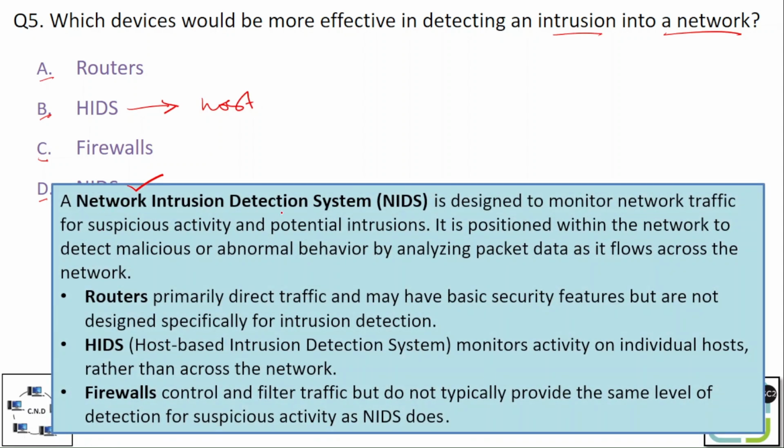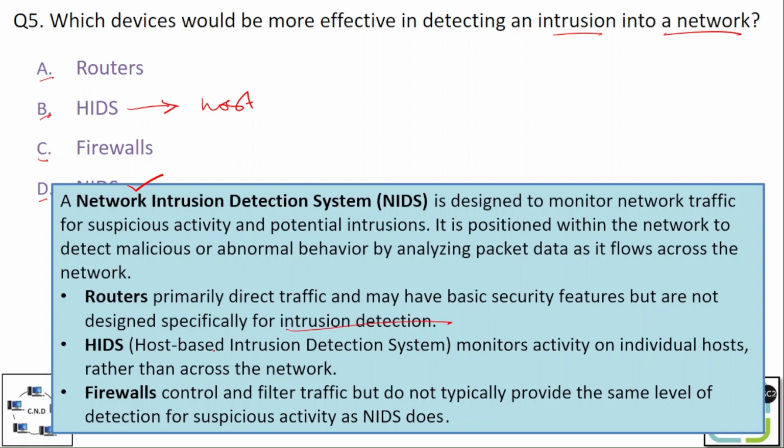So a network intrusion detection system, that is NIDS, is designed to monitor network traffic for suspicious activity and potential intrusions. It is positioned within the network to detect malicious or abnormal behavior by analyzing packet data as it flows across the network. And the other options: routers primarily direct traffic and may have basic security features but are not designed specifically for intrusion detection.